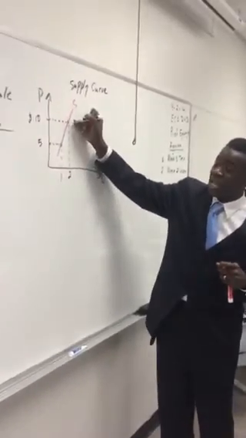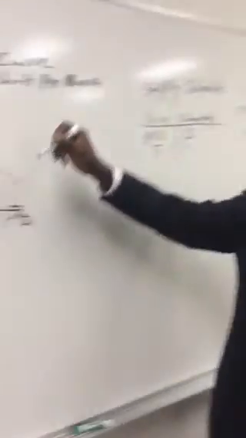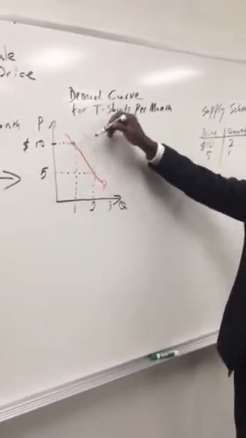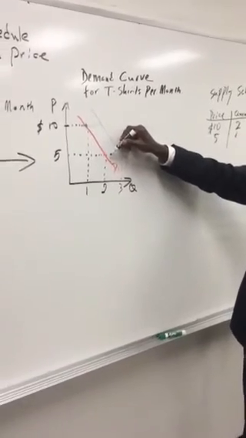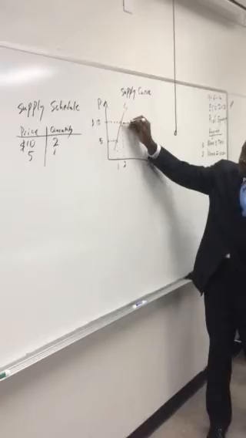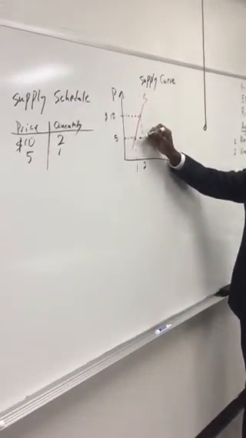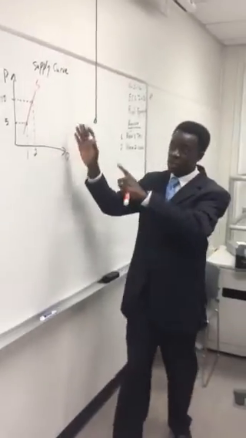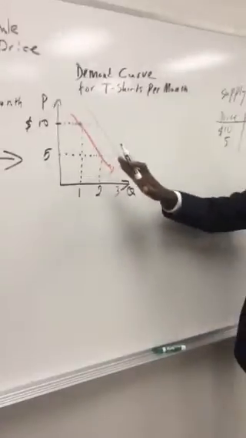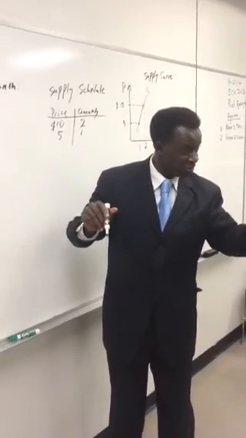So in both supply and demand, a change in the price causes a movement along the same curve. The only thing that causes a shift of the demand curve is factors other than the price of the product.